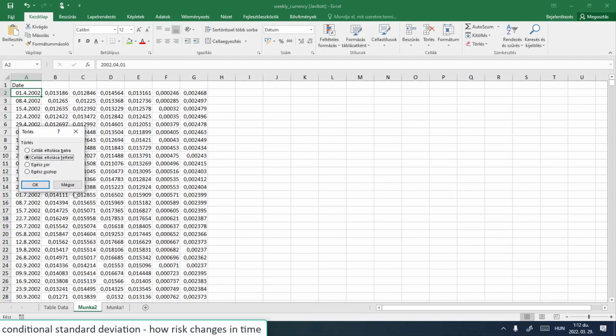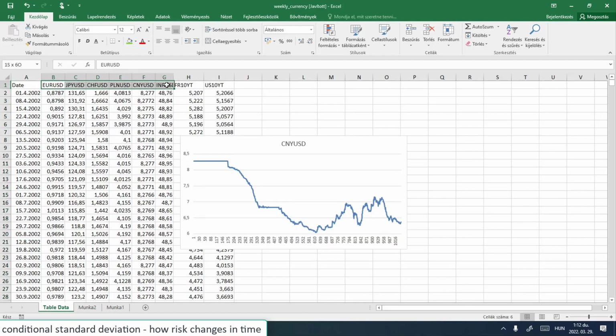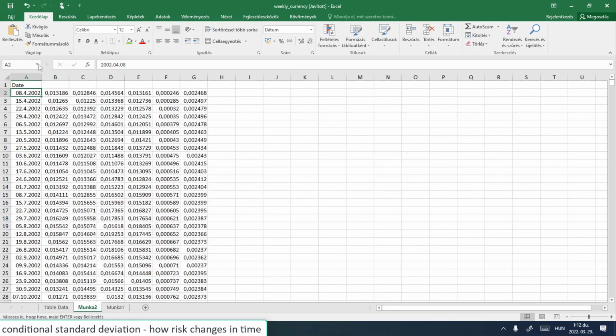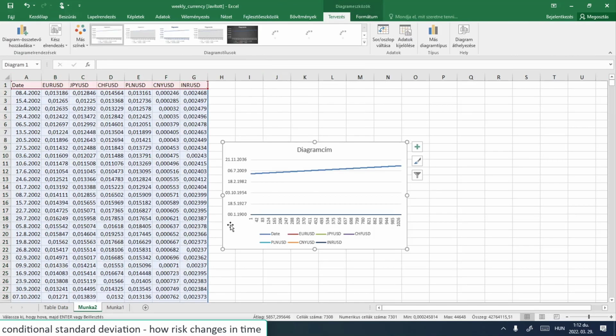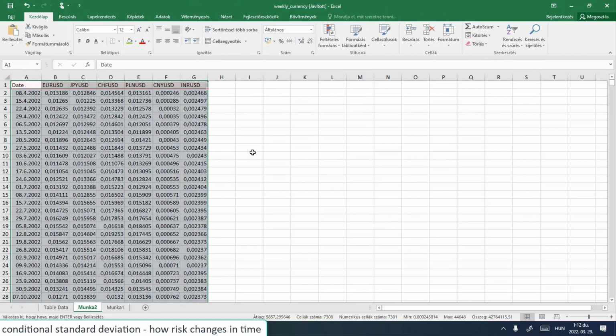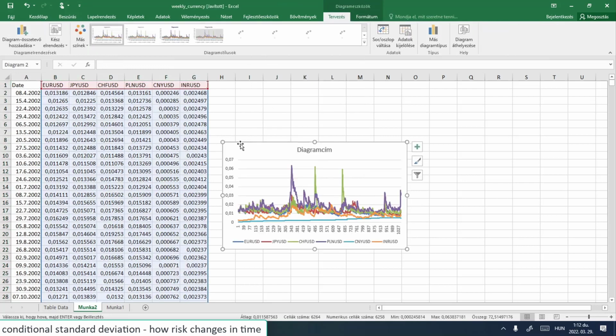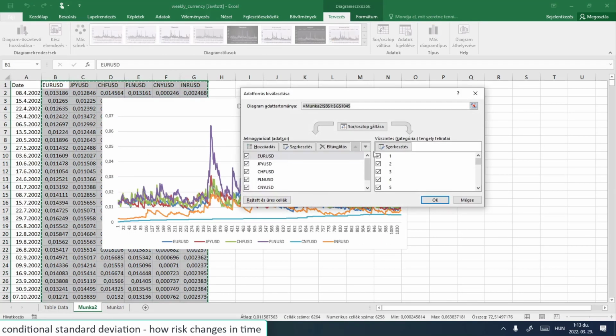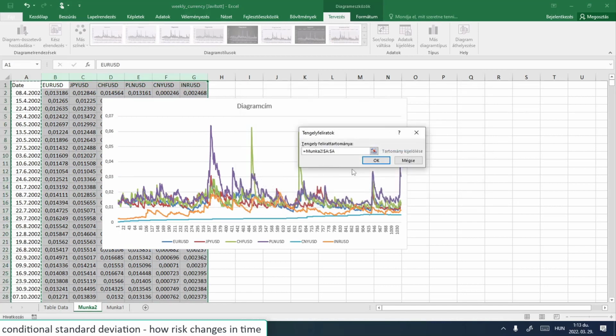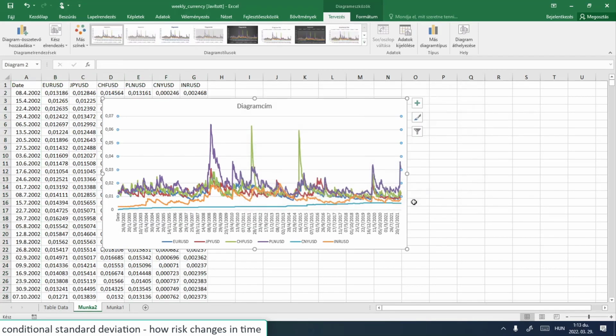Okay, we have to delete the first, because the differentiation removed one data point. And then we can see it in its view. Okay, thank you, Excel. So we can see it in its whole body or beauty, just I have to add dates, because right now it's not able to realize that.